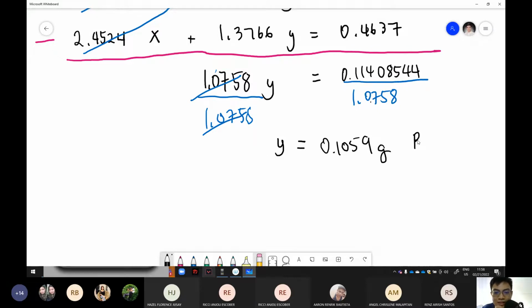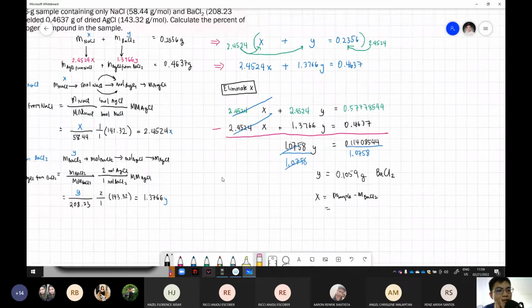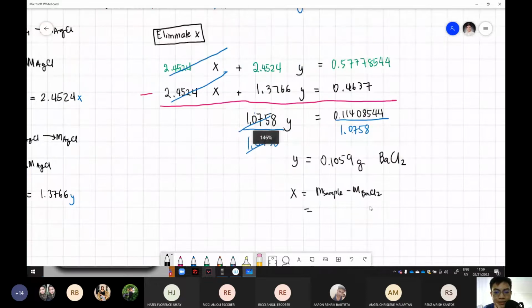So, this is the mass of barium chloride already. Now, to solve for x, that is just your mass of the sample minus mass of barium chloride. Okay? Ano ba yung mass ng sample natin? The mass of the sample is 2356. Okay?